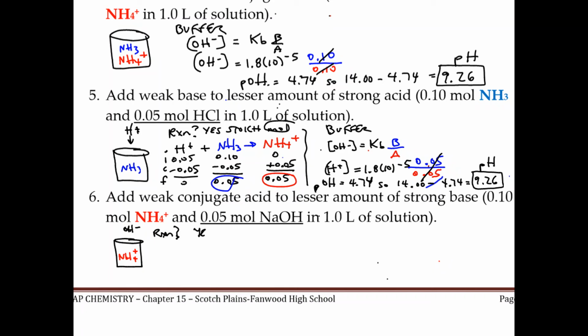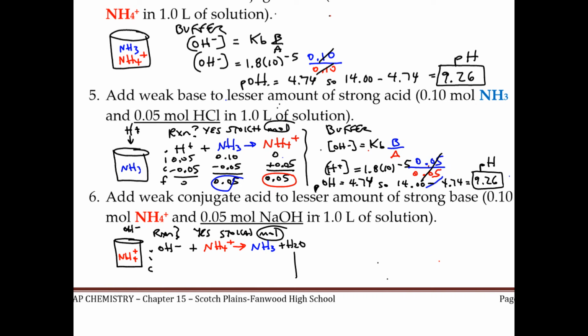So we're going to write our stoichiomoles, which is going to be hydroxide plus ammonium. The hydroxide wants to take the H, so you're going to make ammonia and water. We're not going to worry about the water.